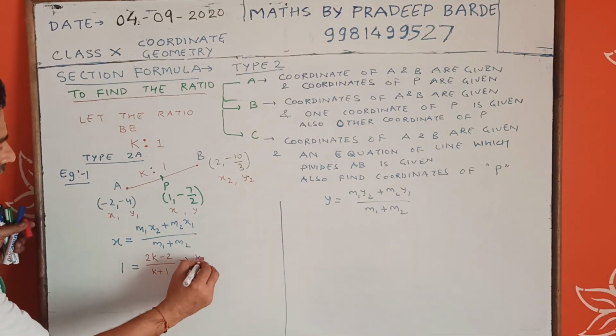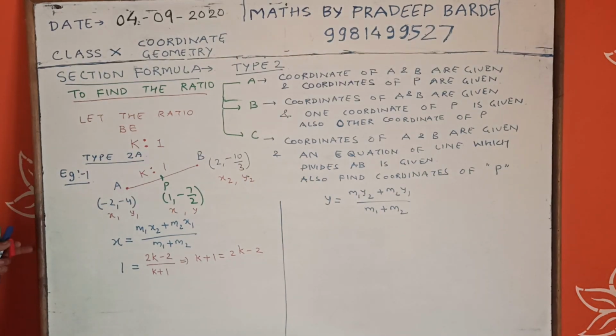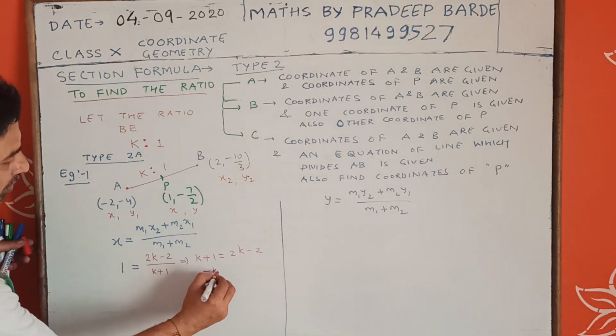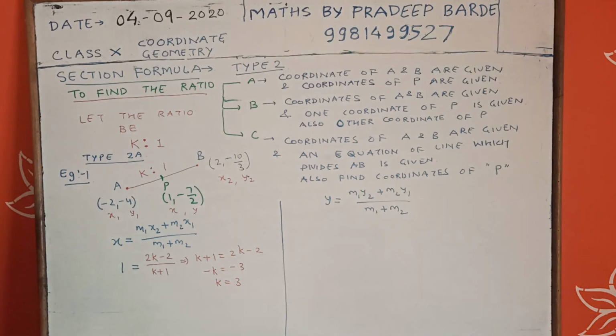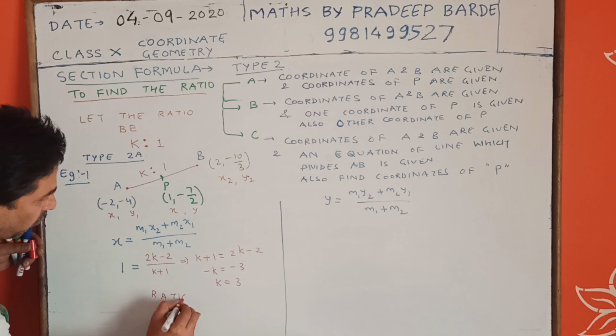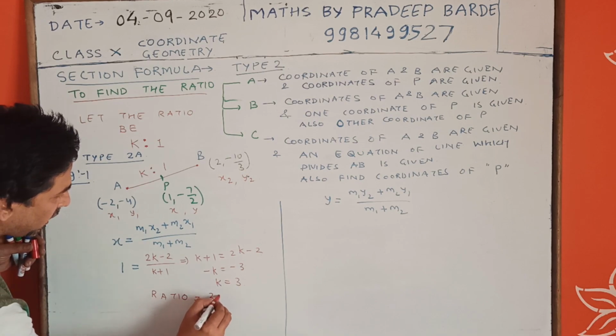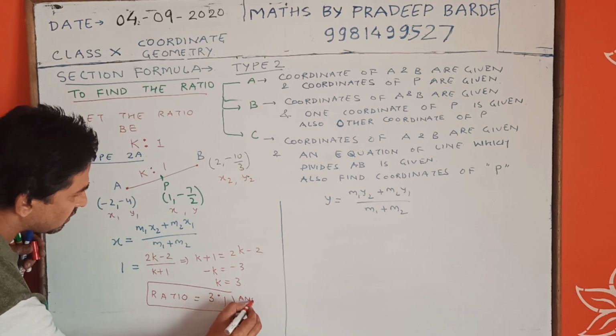So here we get k plus 1 is equal to 2k minus 2 or minus k is equal to minus 3. Therefore k is equal to 3. So the ratio is 3:1 and this is your answer.